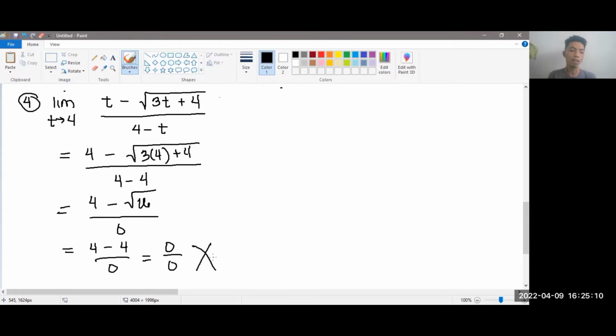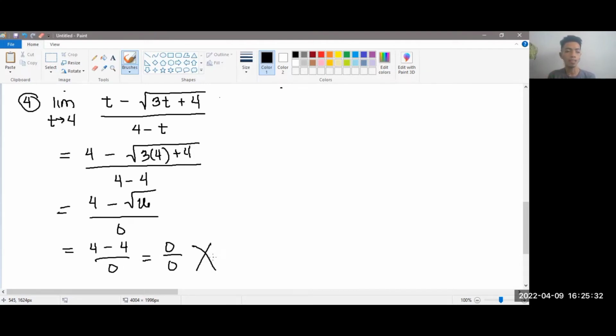So, may gagawin tayo dito sa given expression. Kung mapapansin nyo, yung kakaiba sa rational expression, meron tayong radical sign sa numerator. So, ibig sabihin, maaaring siya yung dahilan kung bakit tayo nagkakaroon ng indeterminate na sagot.